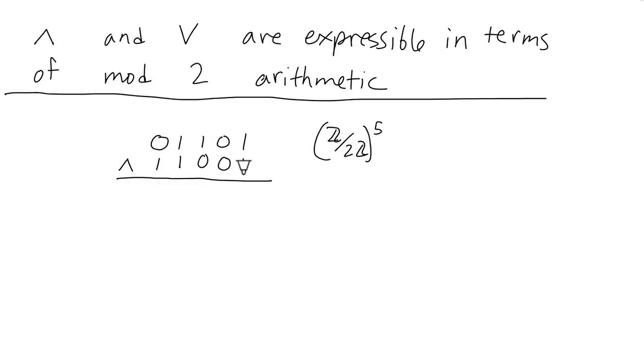So multiply down: we have 0, 1, 0, 0, 1. And notice it is the intersection. What's common between the two sets? It's just multiplication component-wise.